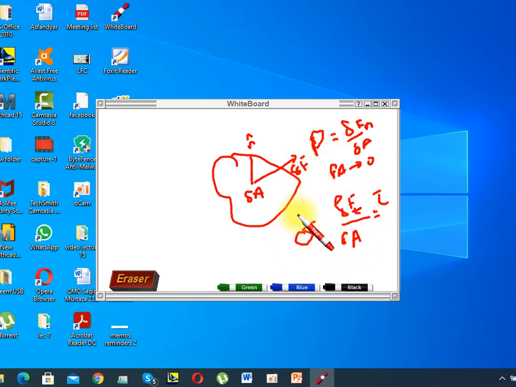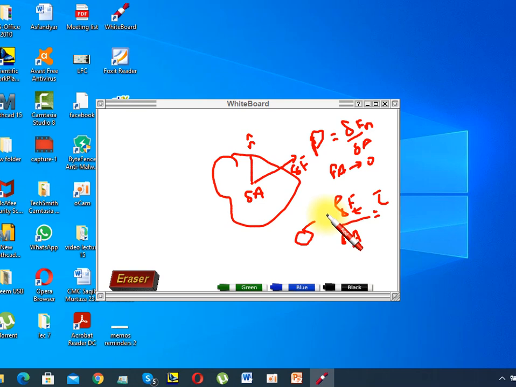And we will discuss the difference between pressure and stresses. Pressure is only acting perpendicular to the area, but stress is acting perpendicular to the area as well as tangential to the area. So this is the difference between the two.